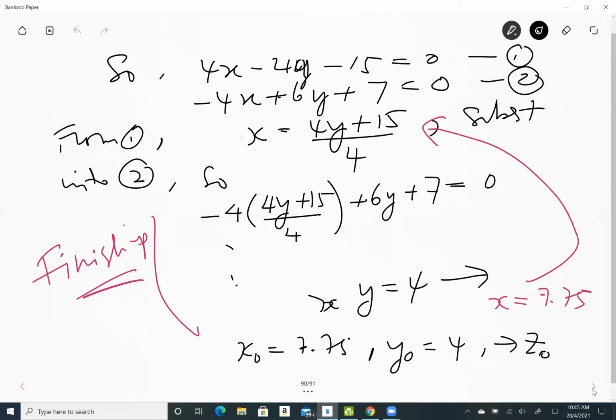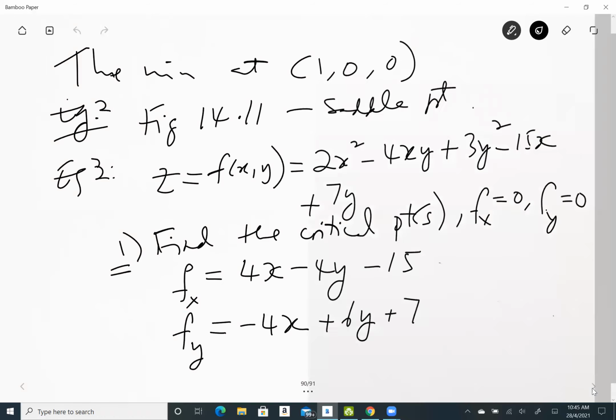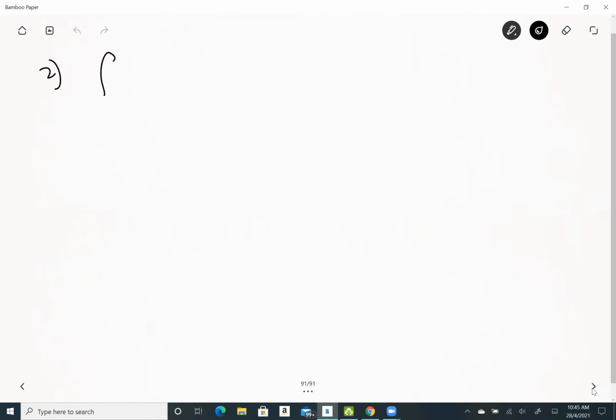Number 1 is getting the critical point, so I have number 1. Then number 2, you have to find the value of D at the critical point. In order to do that, you need fxx. fxx is equal to 4, again, a constant.